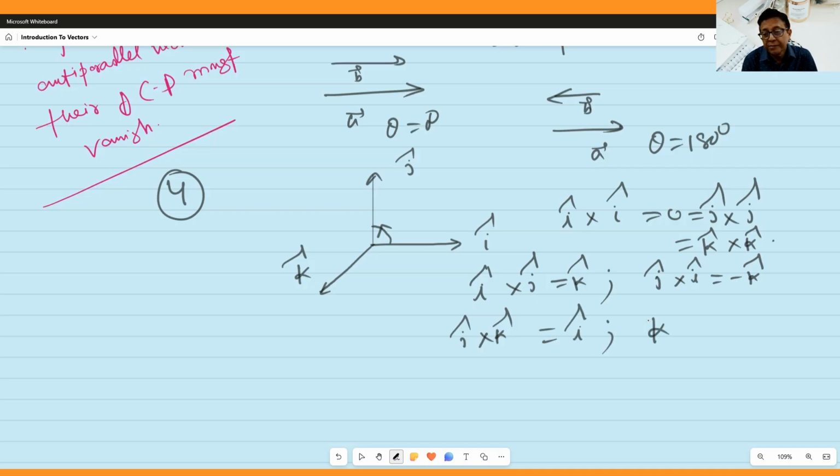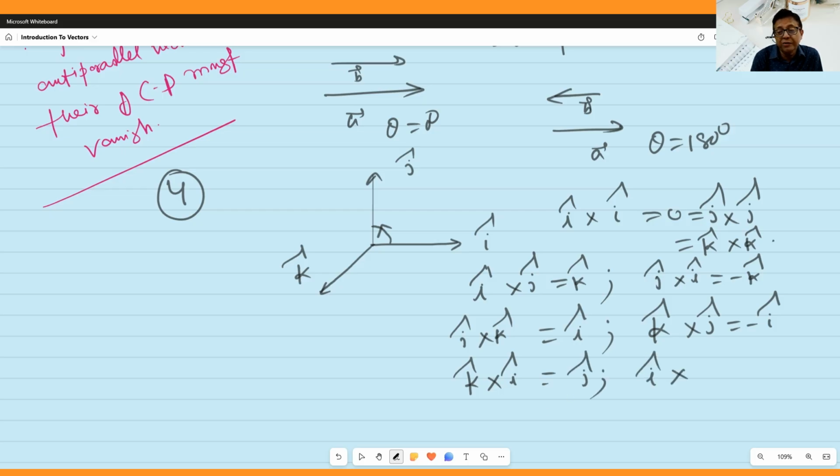But K cross J, the result is going to be minus I cap. K cross I, the result is J. But if we take I cross K, the result will be minus J. Clear? Understood?